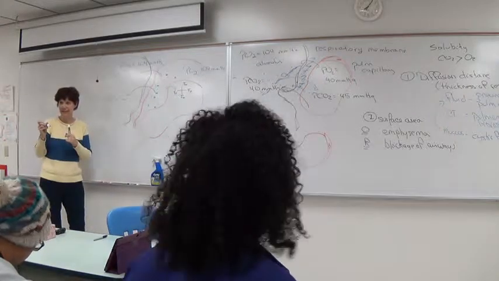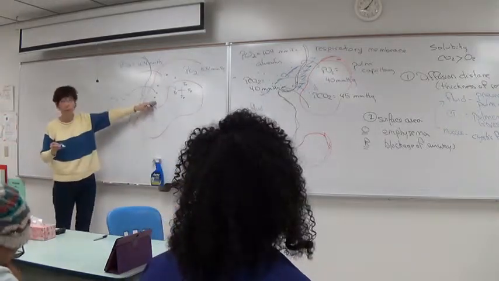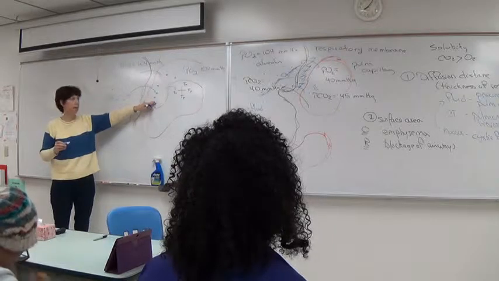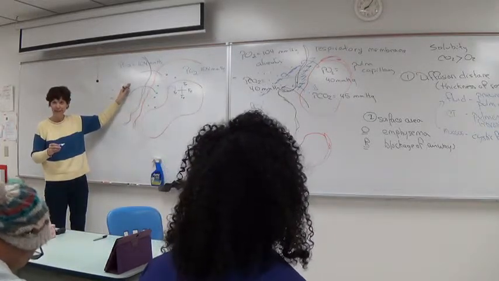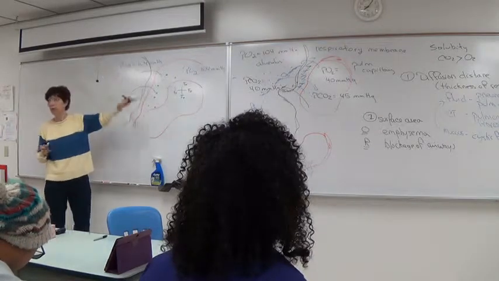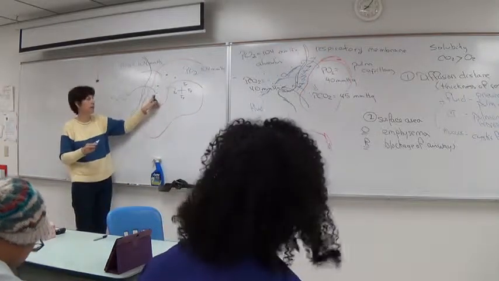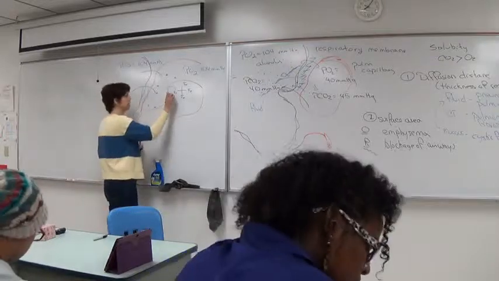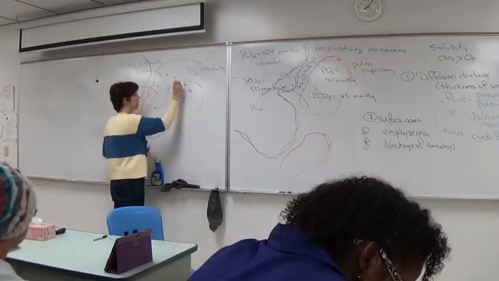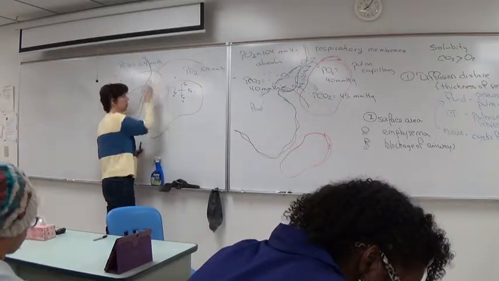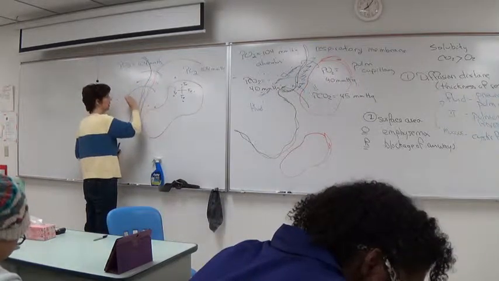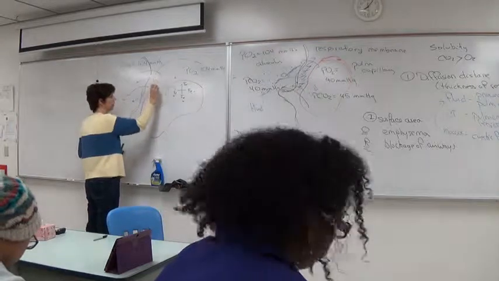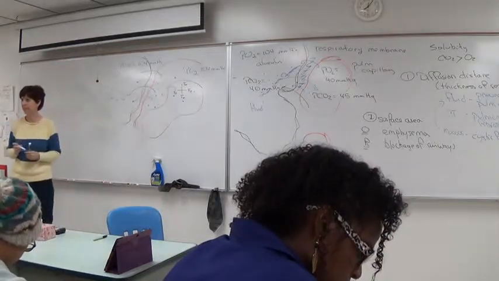Does that make sense? Because the PO2, the oxygen dissolved in the plasma, is never going to be higher than what we have in the alveoli. So we can transport more oxygen by taking this oxygen and binding it to the iron. We move those 4 into the blood cell, we can move another 4 into the plasma.